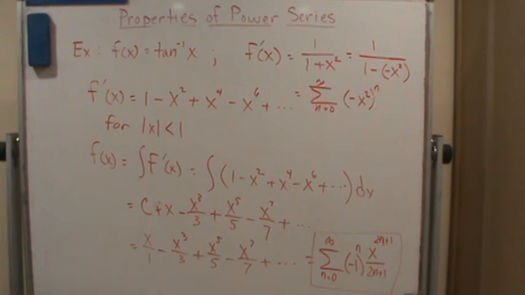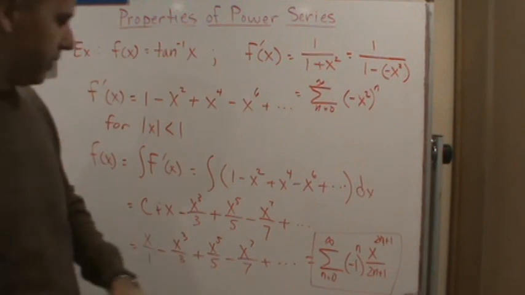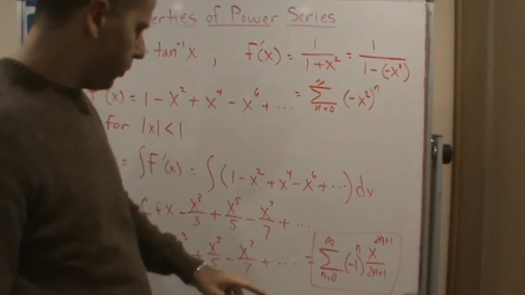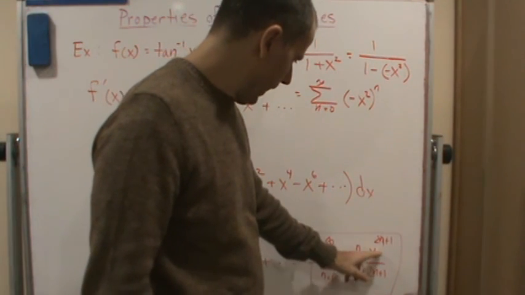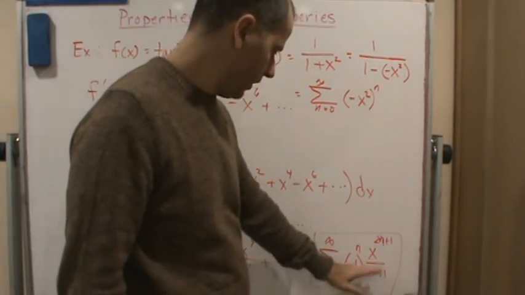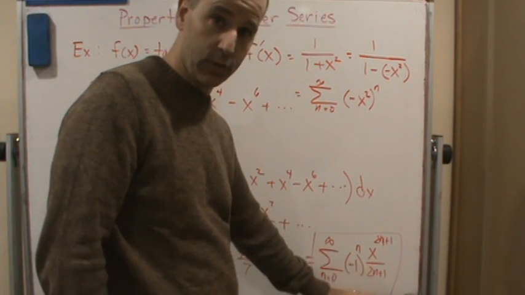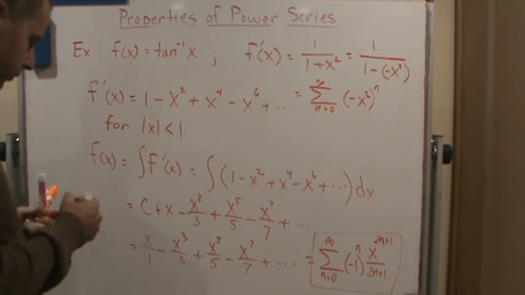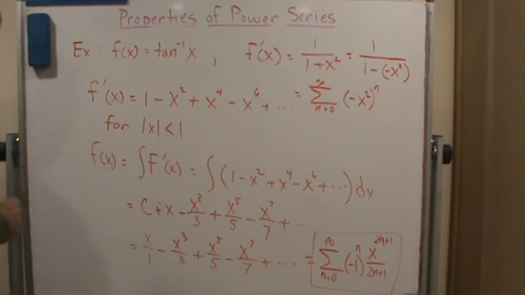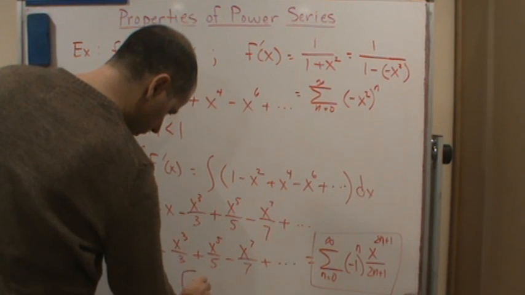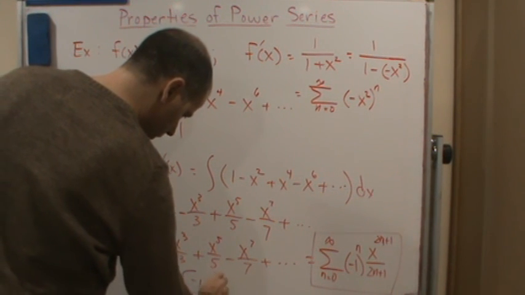Then we can use the alternating series test, and it converges when x is equal to 1. It also converges when x is equal to -1 using the alternating series test. So the series converges at both 1 and -1, and the interval of convergence is -1 comma 1.